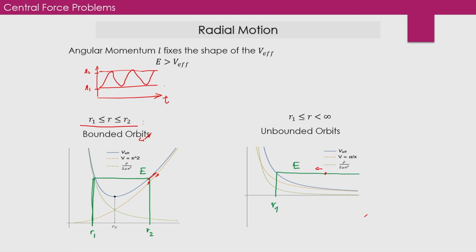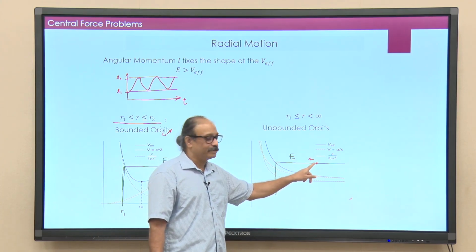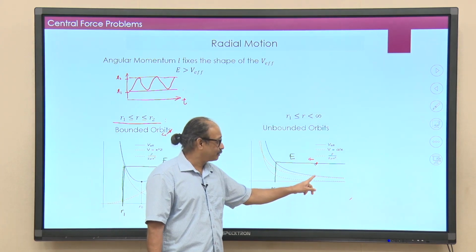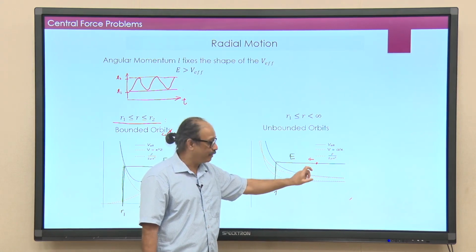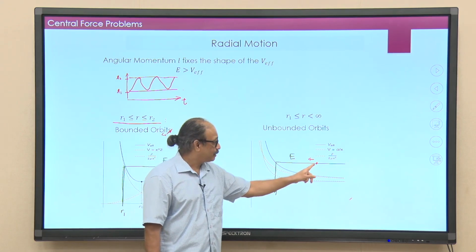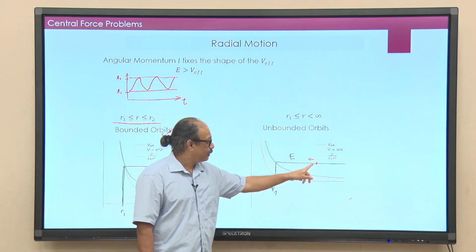This initial speed of course is not arbitrary, because if this is your starting point, half m r dot squared must be exactly equal to E minus V effective. So, you started this and you send it towards the origin. What would happen to this?